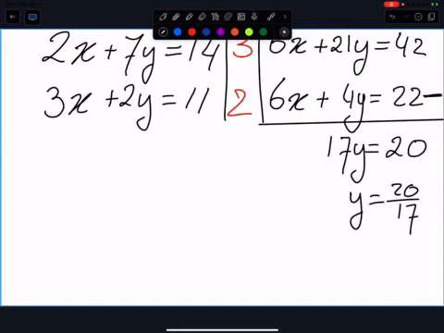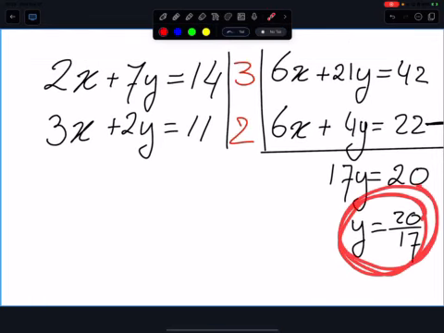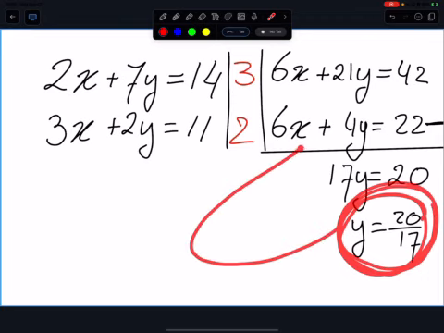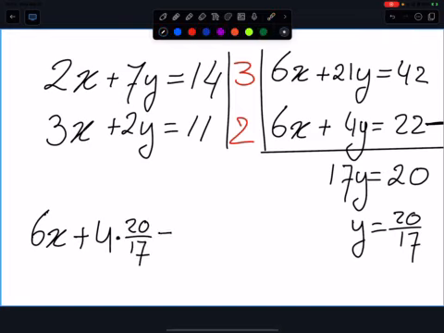But that's just y. You still need to look for the x. So you need to take this y and place it here or there. You decide. Doesn't matter. I take the lower one, simpler. 6x plus 4, what was y again? 20 divided by 17, equals 22.